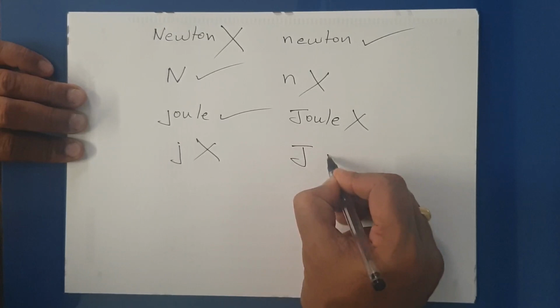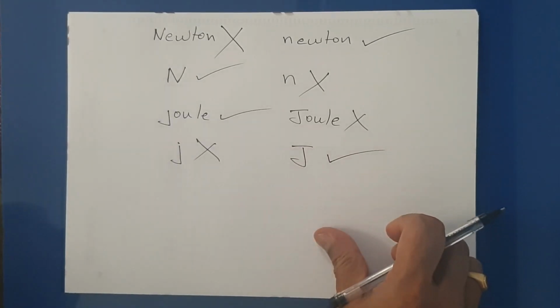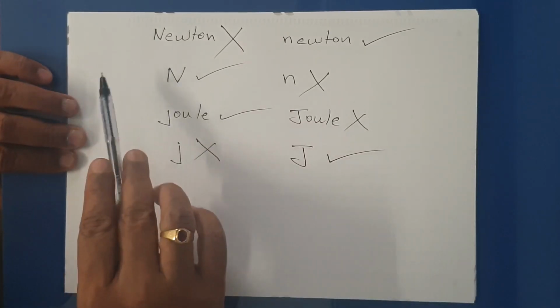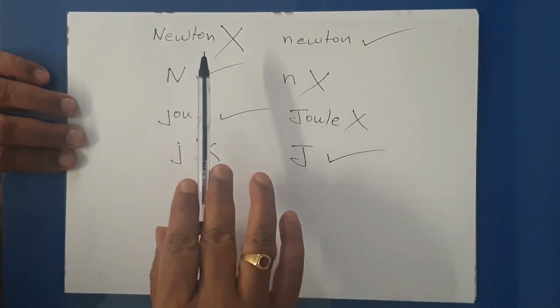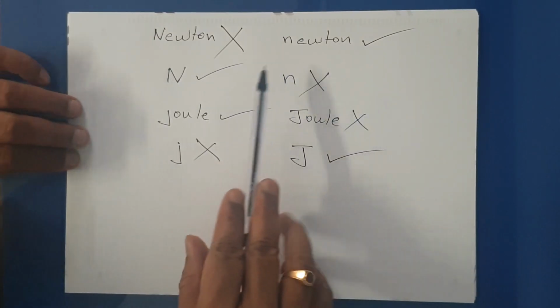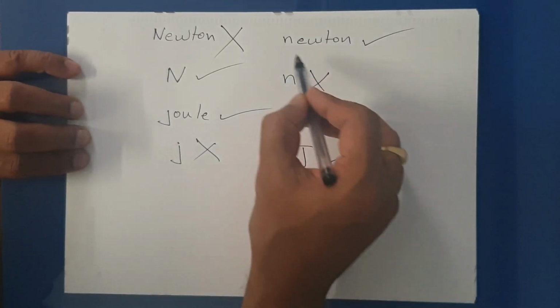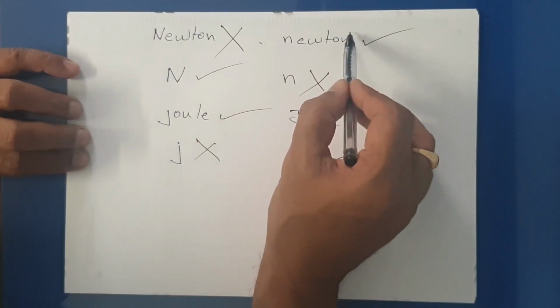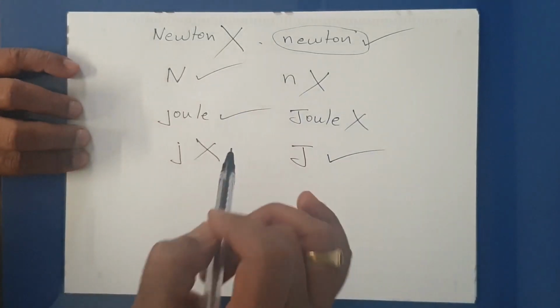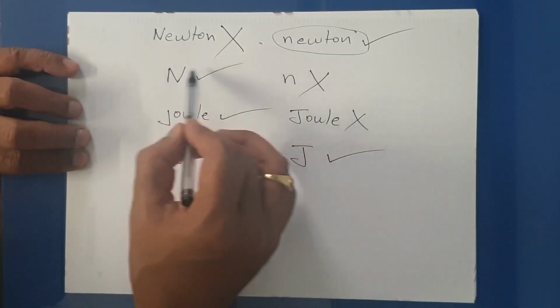Capital J, that is right. I hope this rule is also clear. What is that? If the unit is named after a scientist, if you're writing the whole word name, use small letters throughout, or for the symbol, the first letter in capital.